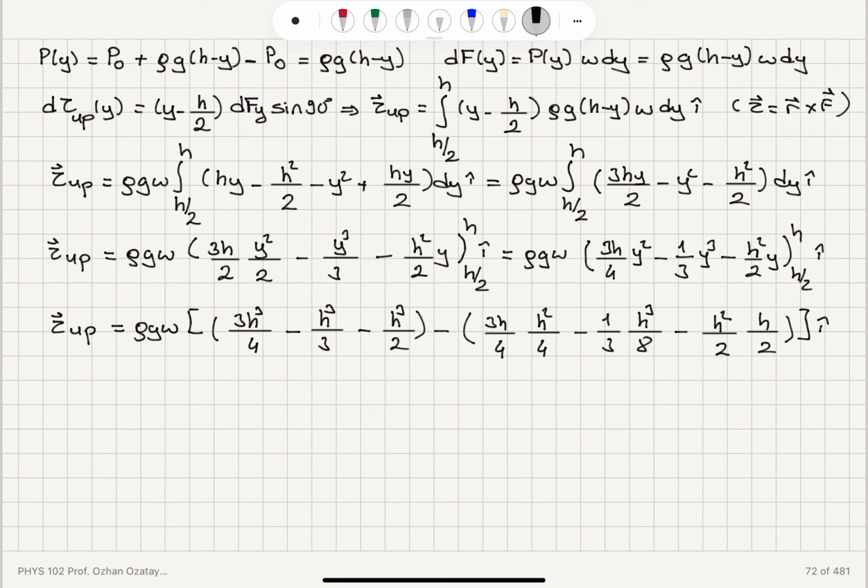Okay, so this gives me rho g w, and I have 2 over 4 h cubed here, 3 over 4 h cubed here, so this gives me h cubed over 4.